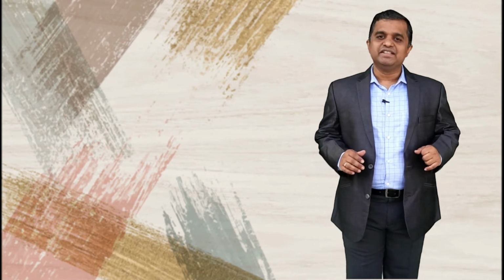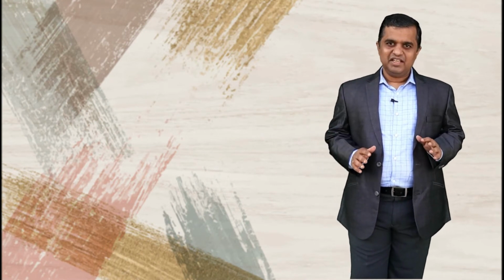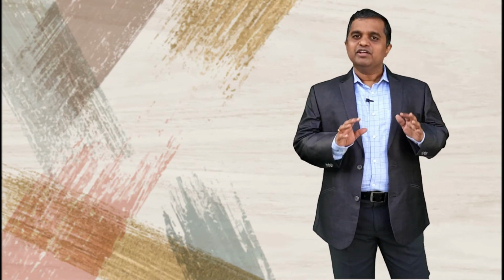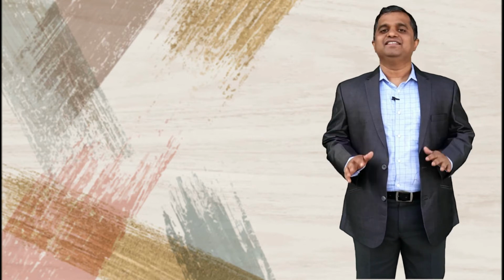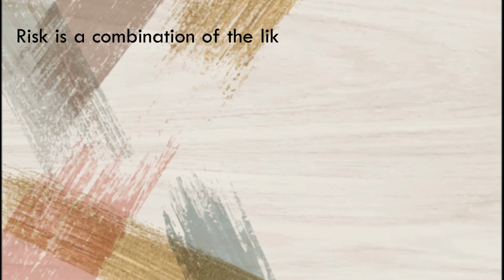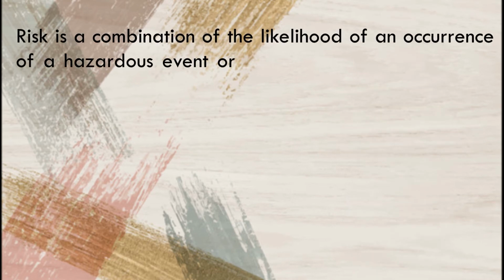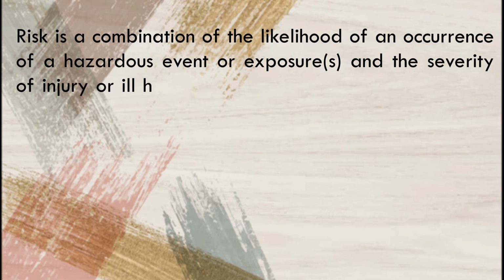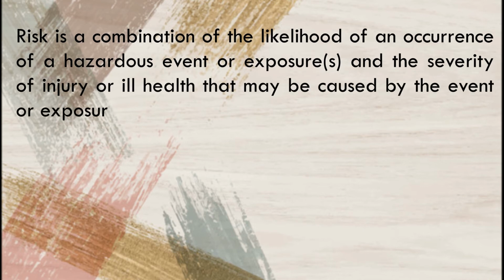Now, the question is, what is risk? Risk is the chance of someone being harmed by the hazard. Let us now see the definition of risk. Risk is a combination of the likelihood of an occurrence of a hazardous event or exposure and the severity of injury or ill health that may be caused by the event or exposure.